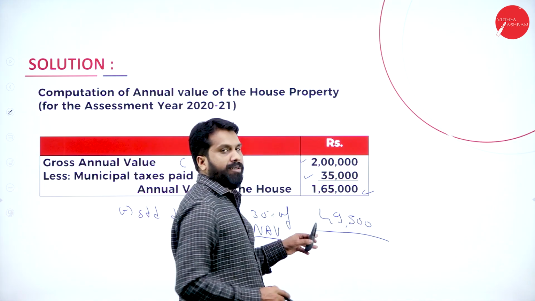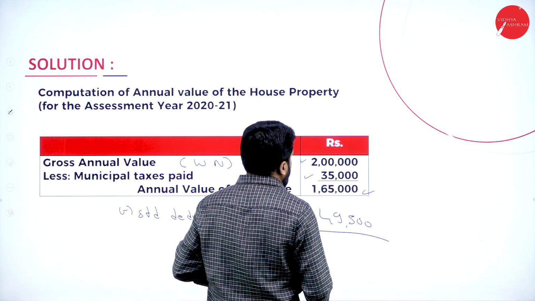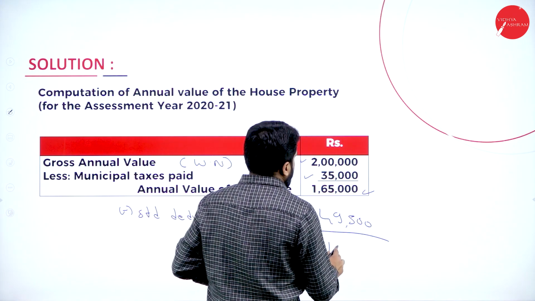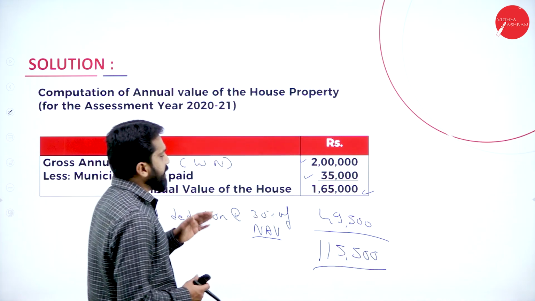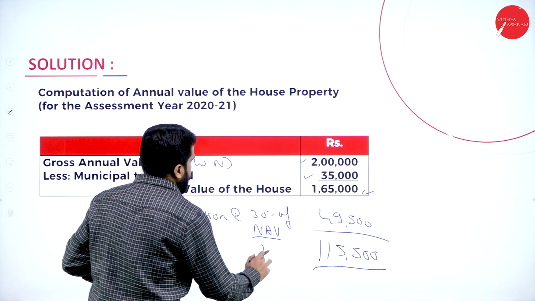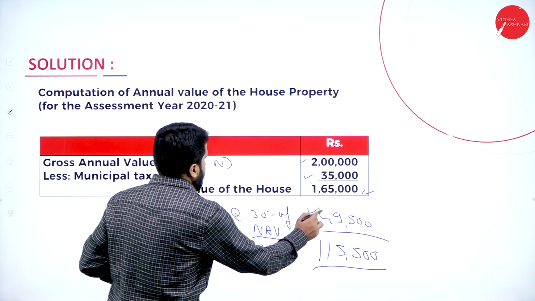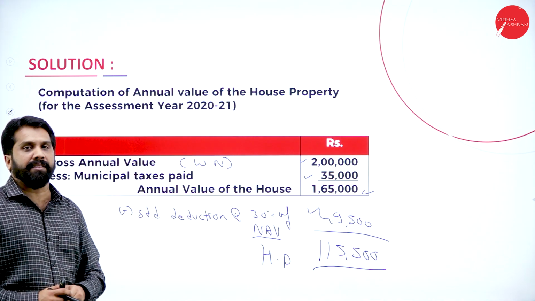Approximate I am taking, it is not exact. So you will get around 1,15,500 something. So these are the calculations you are supposed to do. It is nothing but income from house property. This is approximate. Okay. So this will be your calculation.